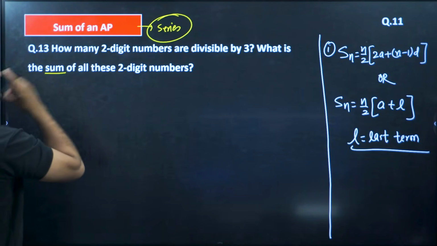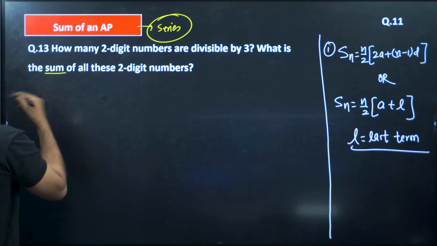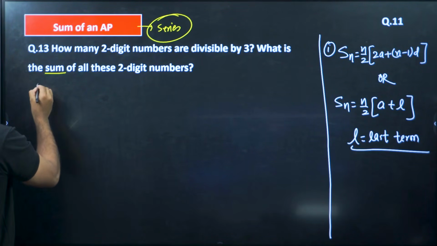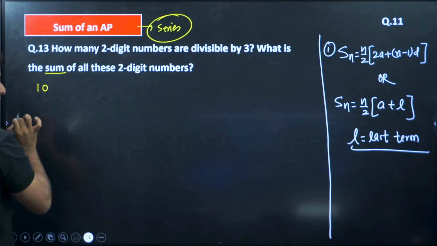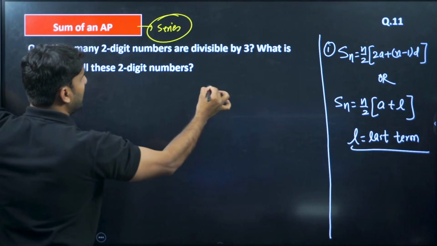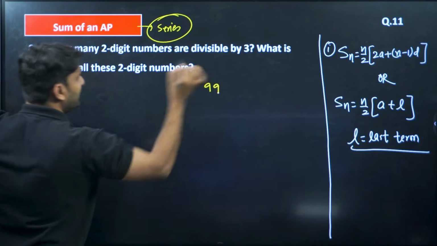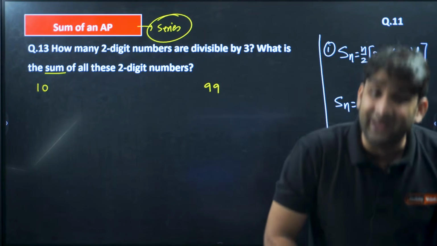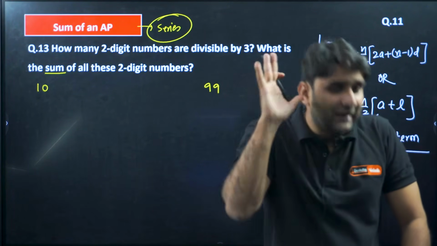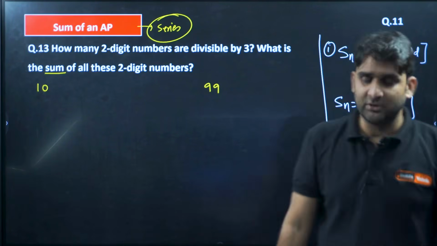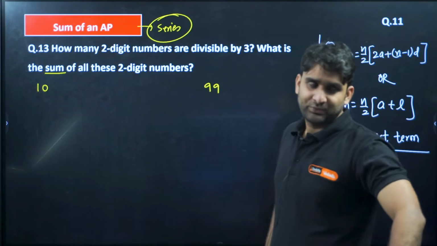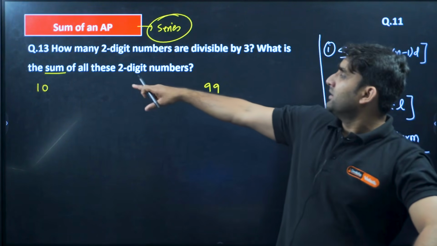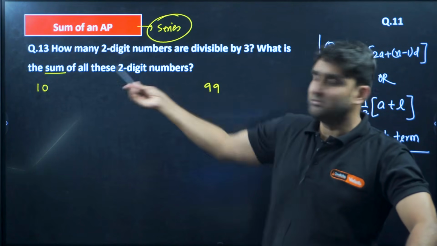Guys, if I ask you about 2-digit numbers, the 2-digit numbers start from 10, right? And it goes till 99, because 100 is a 3-digit number, 1 and 2 zeros. So this is the beginning of 2-digit numbers and this is the ending.